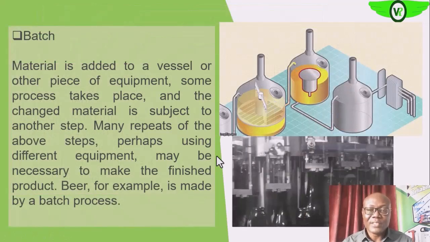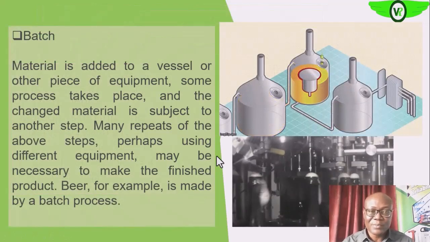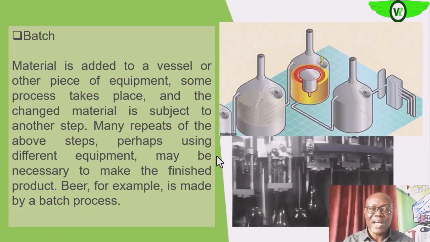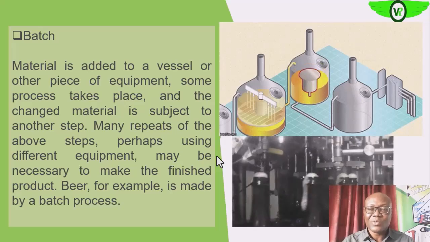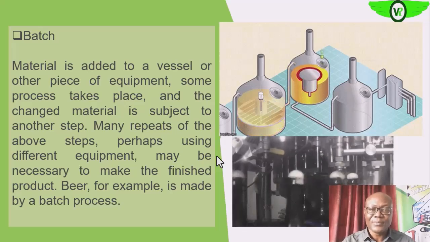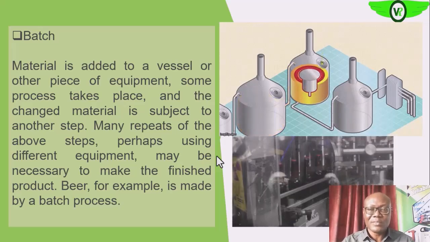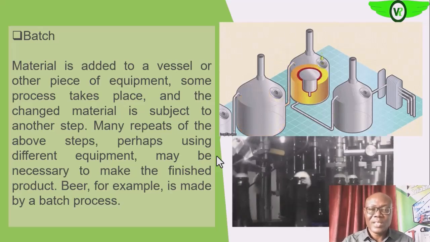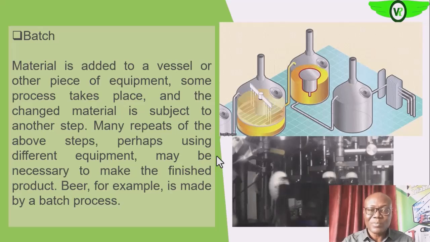So we also have the batch process, okay. In the batch process, materials are added in a vessel at a particular quantity and measurement, okay. They are added in a vessel, then a process is meant to take place.